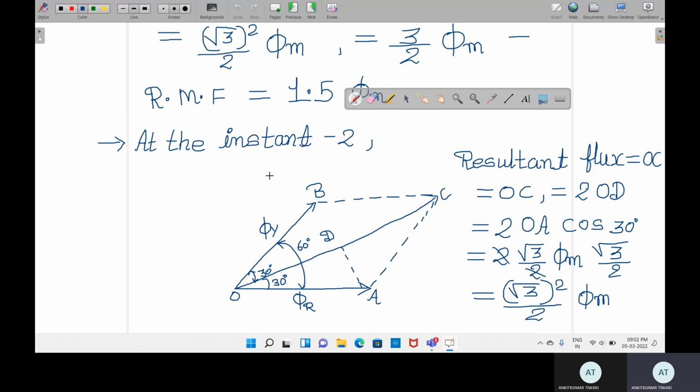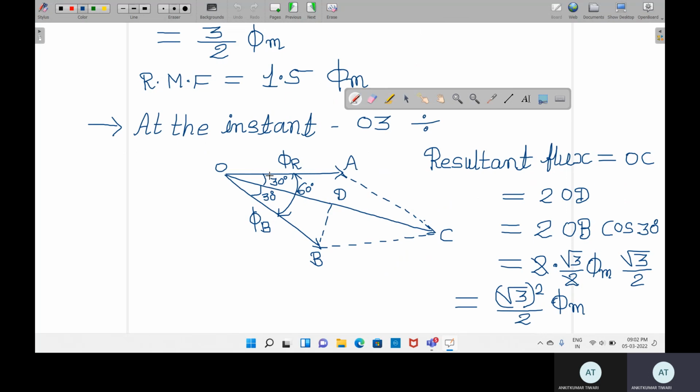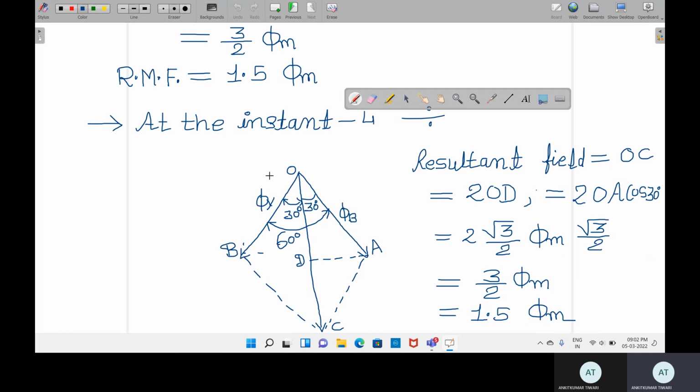At the instant 2, it has shifted around 60 degrees. At the instant 3, it has shifted another 60 degrees, and it has shifted another 60 degrees at the instant 4. Throughout the half cycle, we have studied and observed that the vectors have been in rotation.